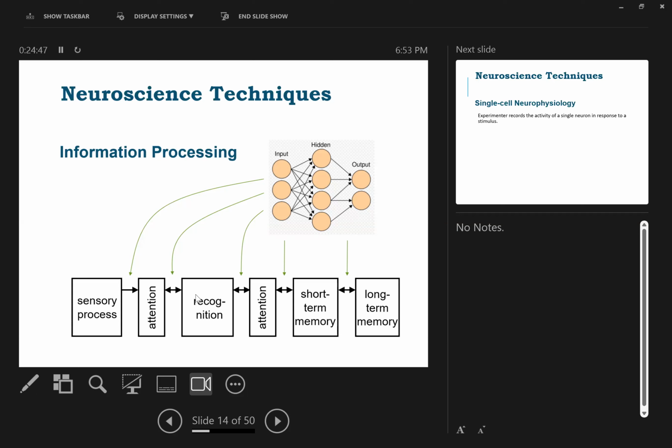It's a simplification, but imagine you have sensory processing, you attend to something, right? You attend to this part of the world or that part of the world. You recognize it, and then you attend to it more, and then it becomes short-term memory, long-term memory. These are concepts that we get to, but in a network, you could imagine a simplified version of this.